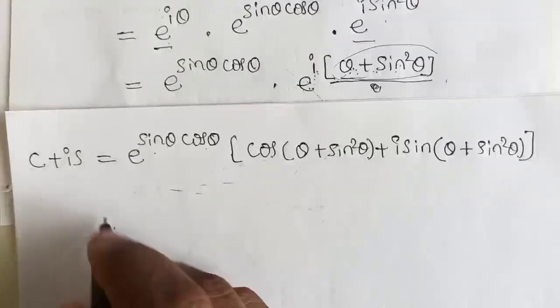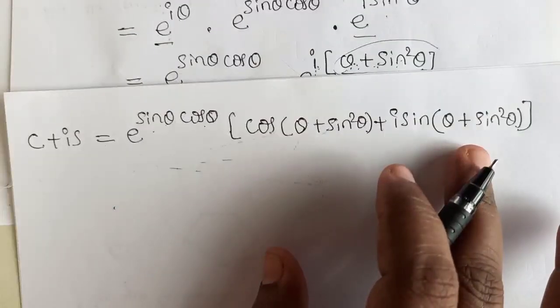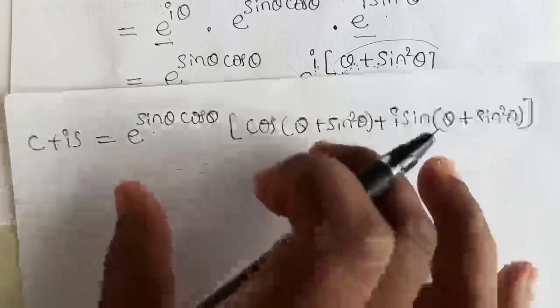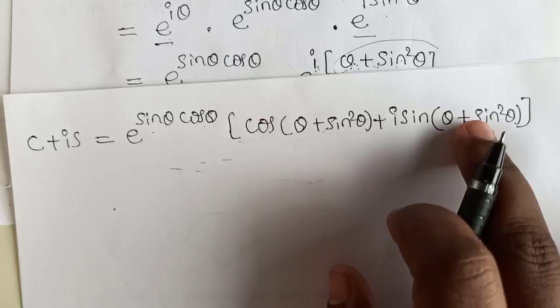Next, here we can equate the real and imaginary parts easily. This term is the real part, and after multiplying with the I we get the imaginary part.